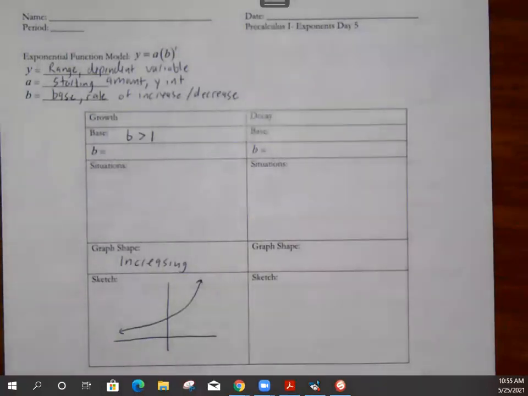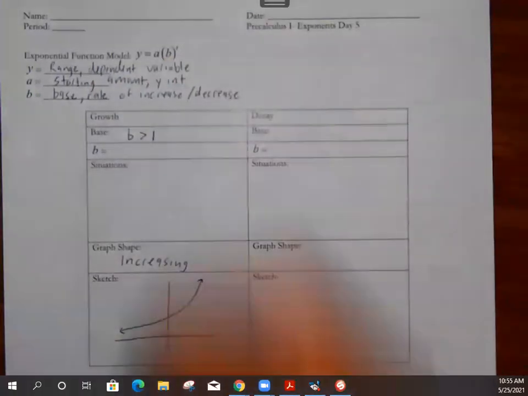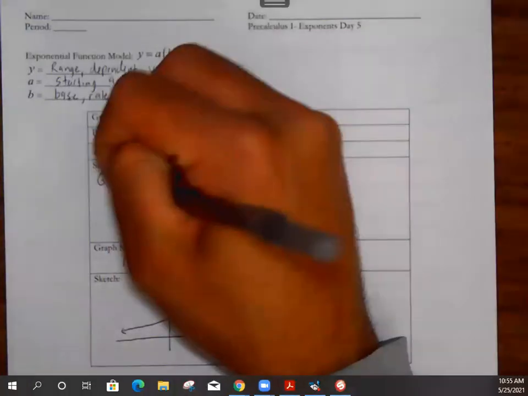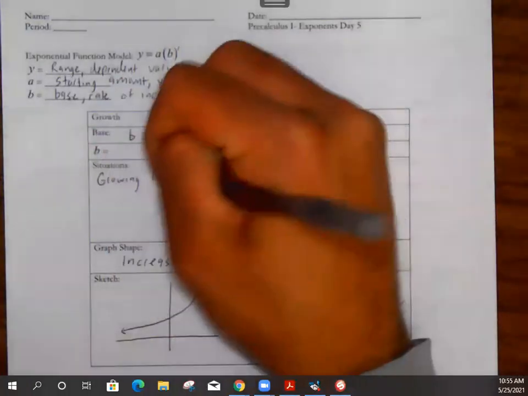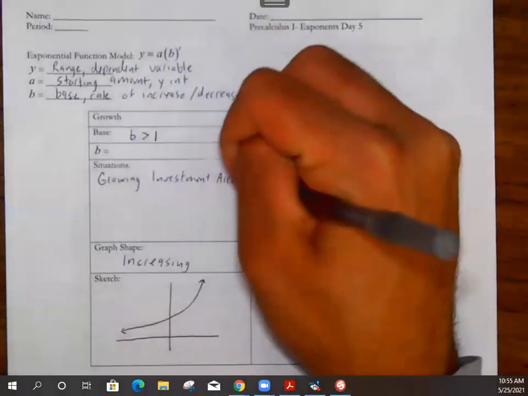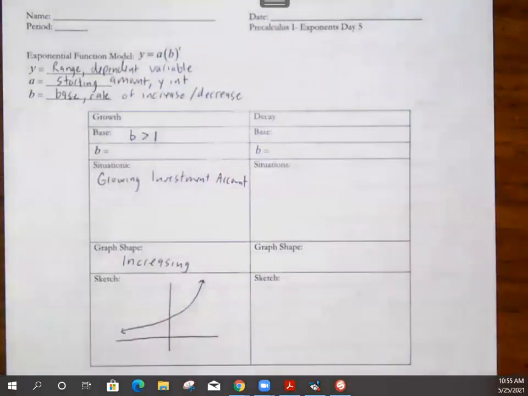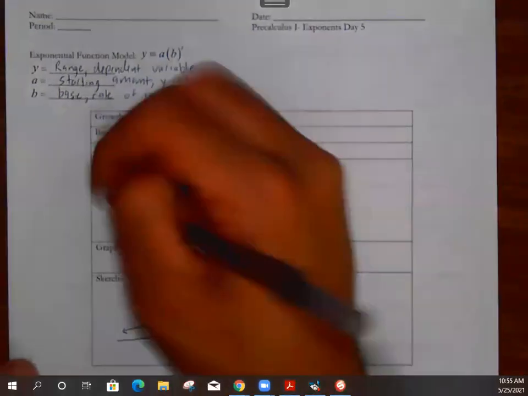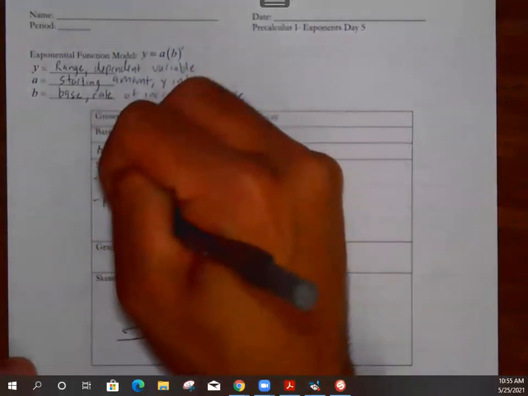So, a growing investment account, very good. You can see how much is in it over time. Anything else? A wildlife example? Yeah, the population of deer or something. Let's put population growth.